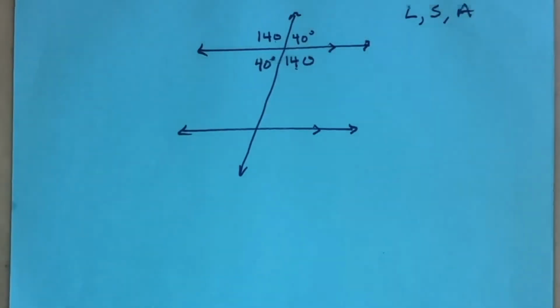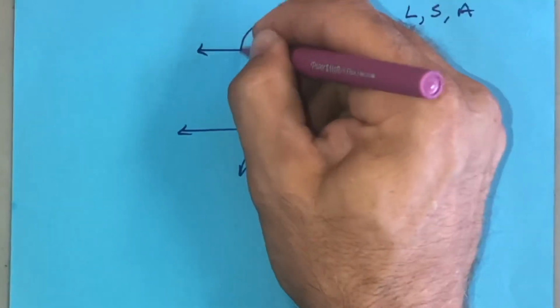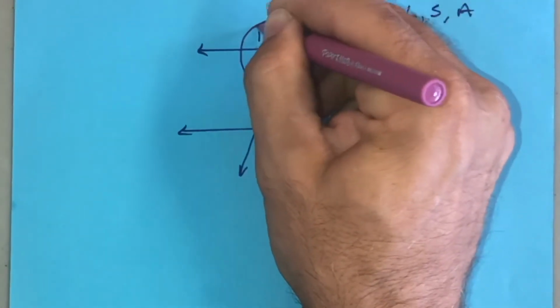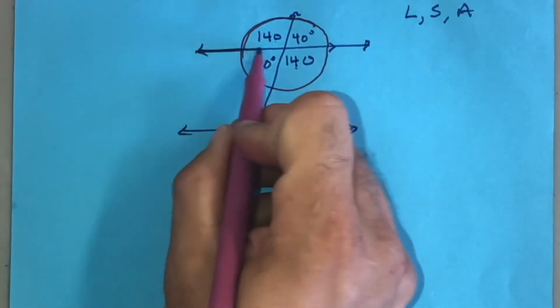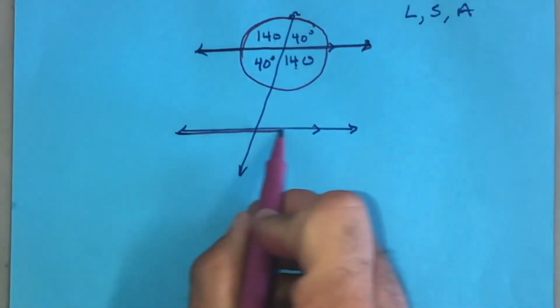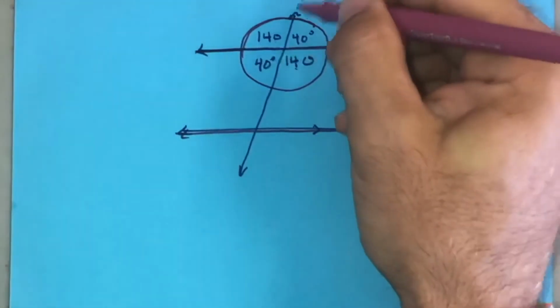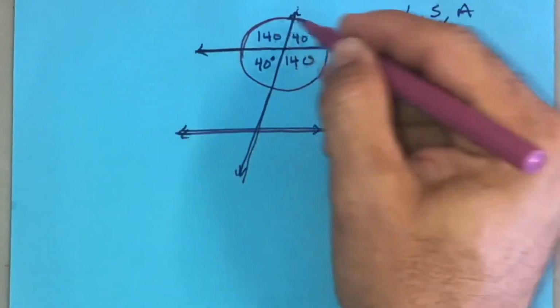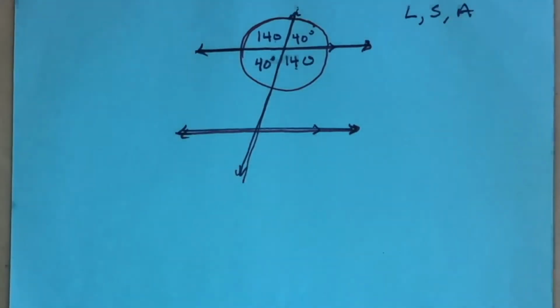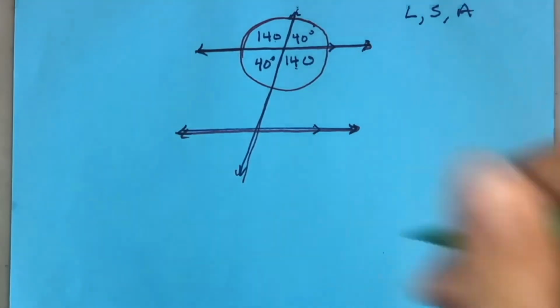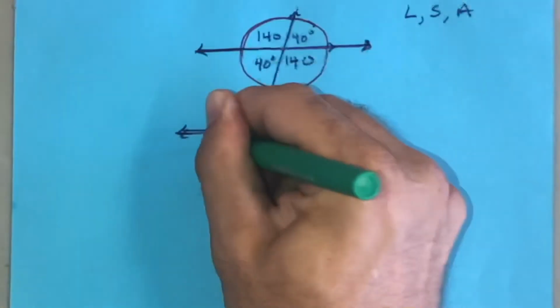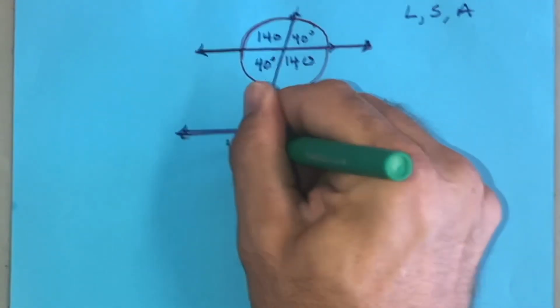And as we go forward in geometry, what we'll see is that because these lines are parallel and they're cut by the same line, whatever these angle measures are here will be the same exact measures here.